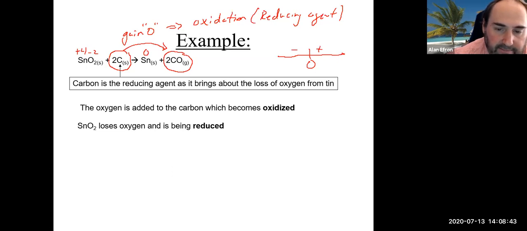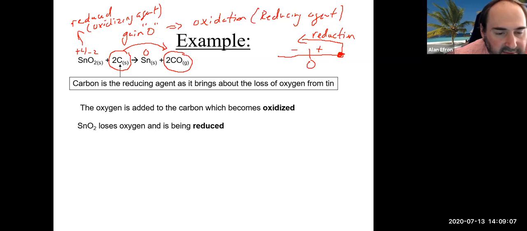It is starting at +4, which would be over here. It is then heading towards 0, which is going to the left-hand side, which will tell us that it is going through reduction. And the tin here is actually being reduced, which means the tin would actually be the oxidizing agent.